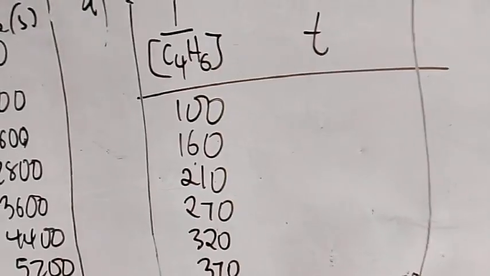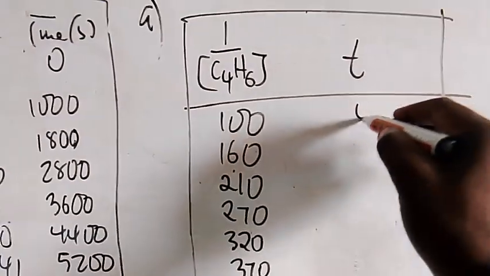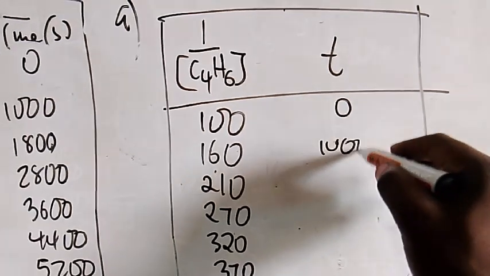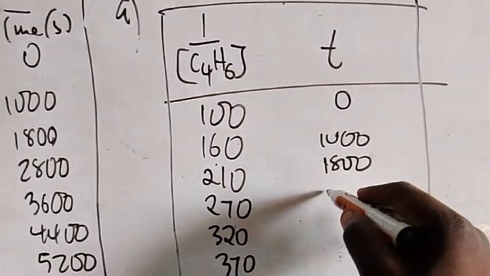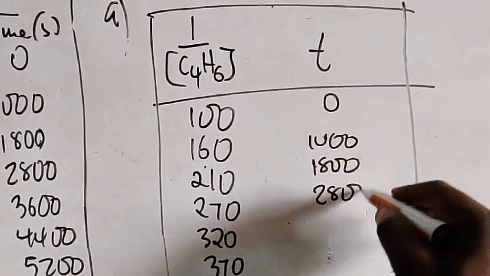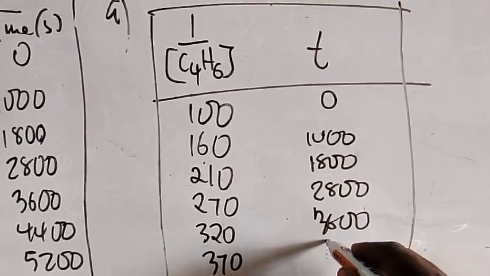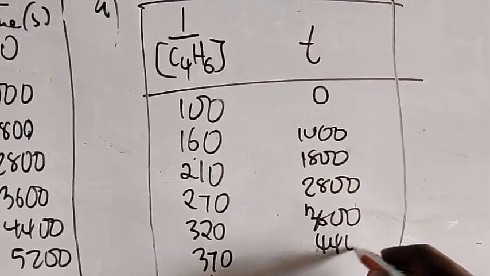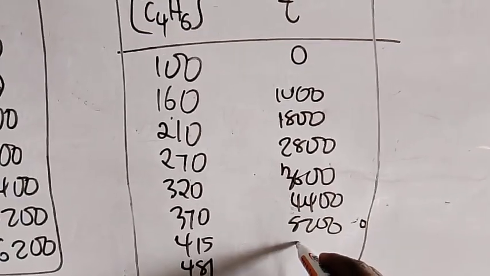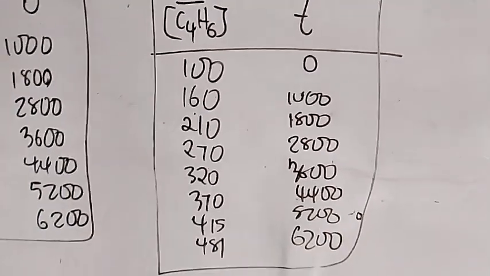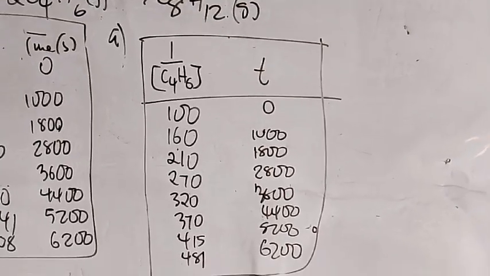Of course, time remains the same: 0, 1000, 1800, 2800, 3600, 4400, 5200, then 6200. So this is the table of 1 over concentration.